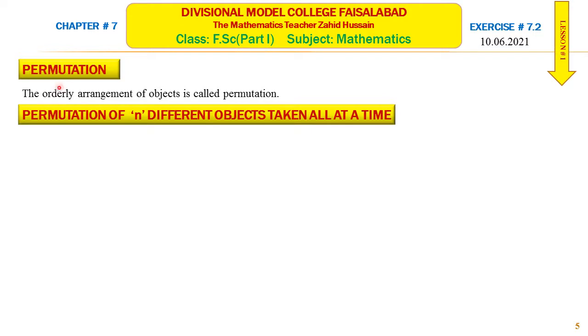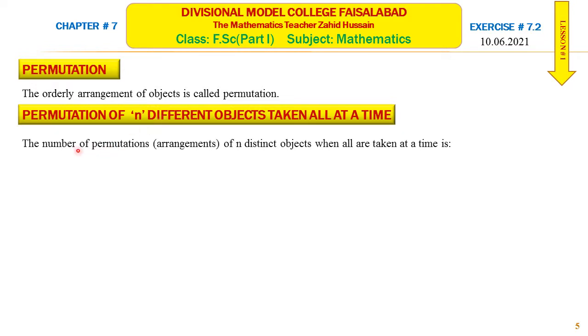There are different types of permutation. Permutation of n different objects taken all at a time. If you are asked to arrange some objects and you have to take all the objects at a time, then how will you find the number of arrangements? The number of permutations or arrangements of n distinct objects when all are taken at a time is n factorial.